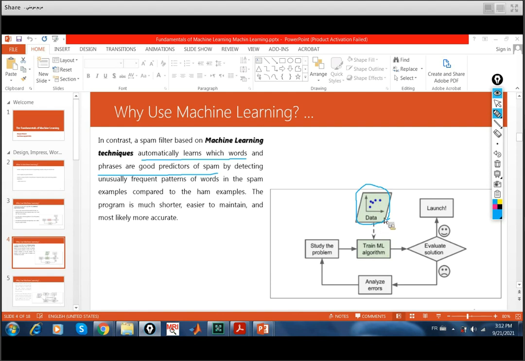How? By using data with different algorithms. At this moment, we don't know the algorithm, but machine learning algorithms have this facility to learn from the data what is spam.